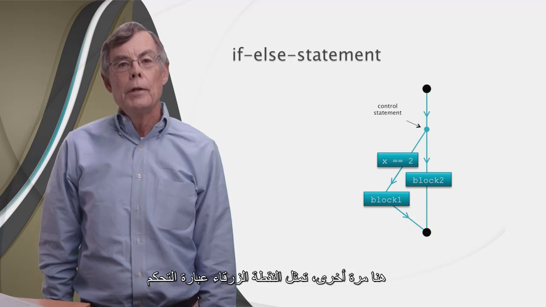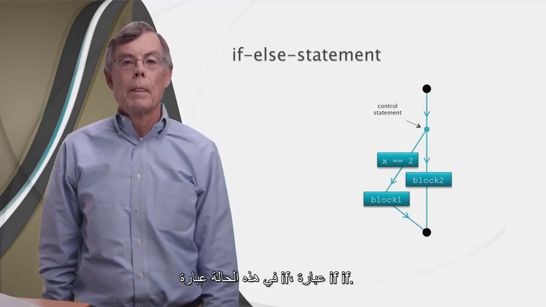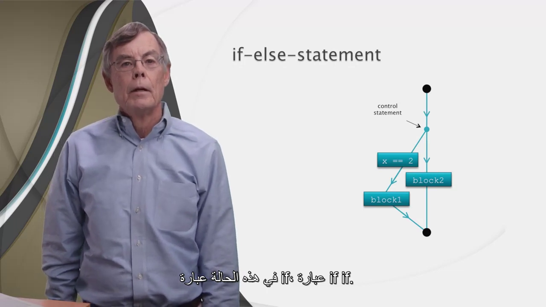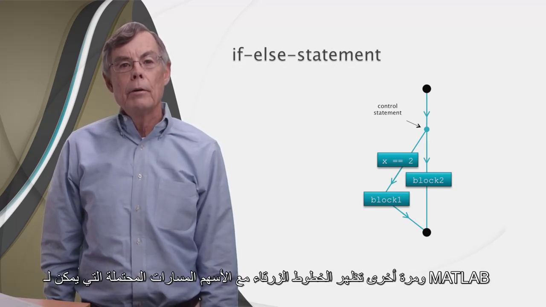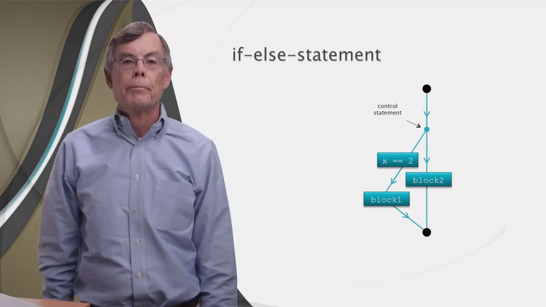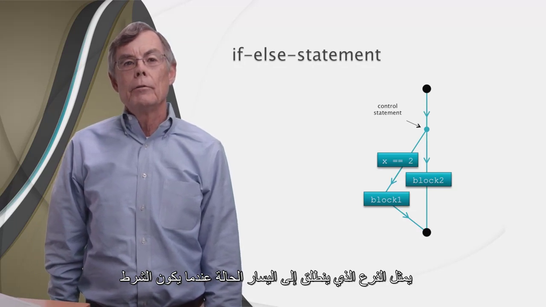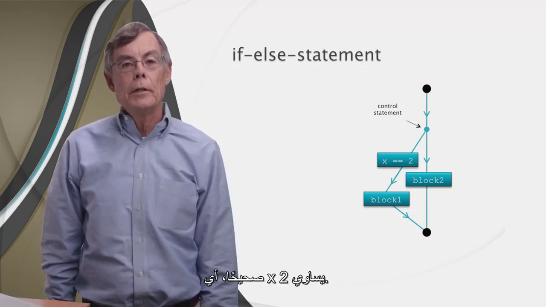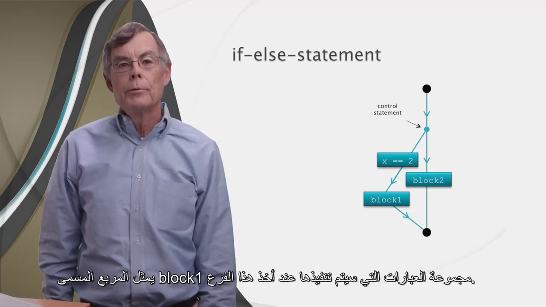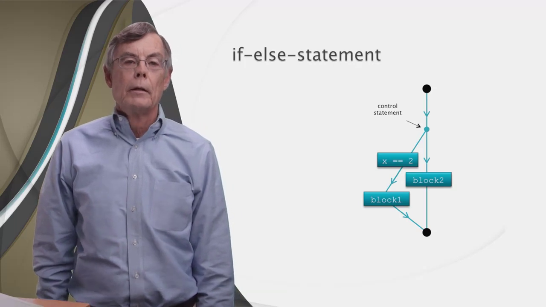Here again, the blue dot represents the control statement, in this case the if-else statement. And again, the blue lines with the arrows show the possible paths that MATLAB can follow through the statement. The branch that goes off to the left represents the case when the condition is true, that is, x equals 2. The box labeled block 1 represents the set of statements that will be executed when this branch is taken.